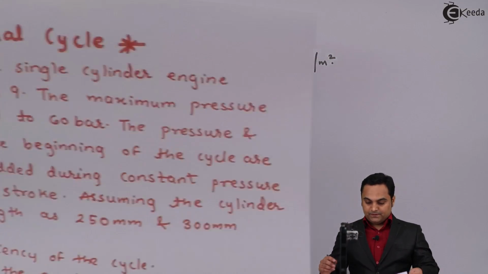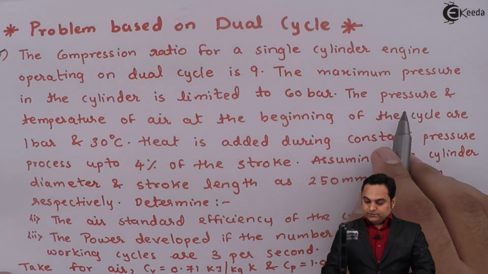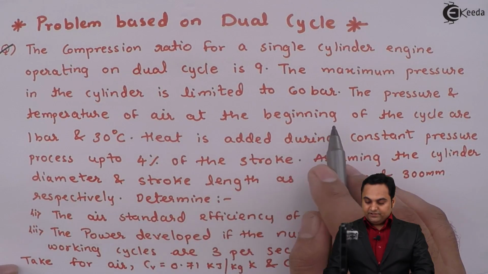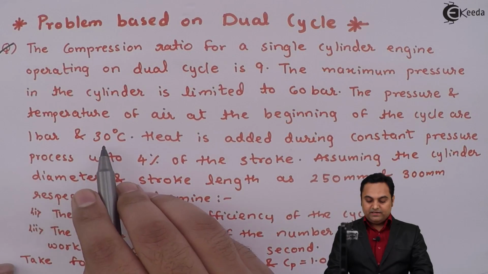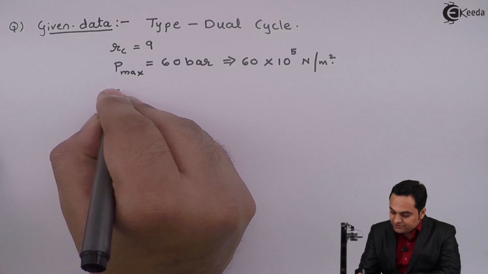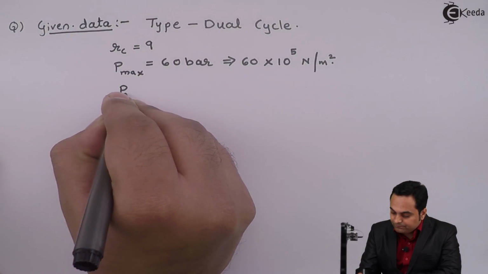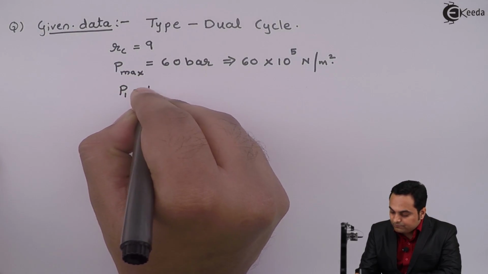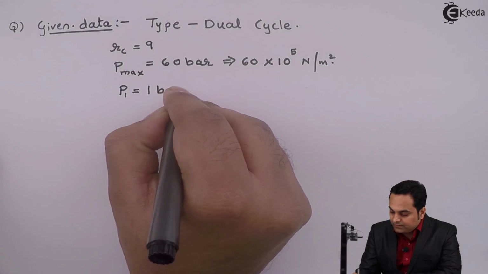Then the pressure and temperature of air at the beginning of the cycle are 1 bar and 30 degrees Celsius. So at the beginning the pressure is P1. It is 1 bar.